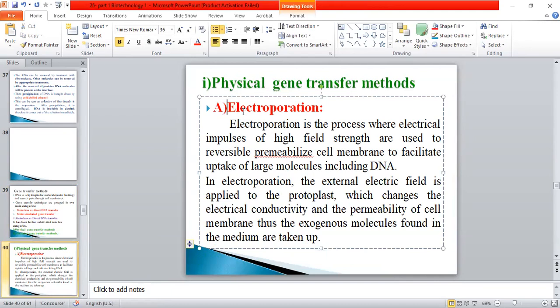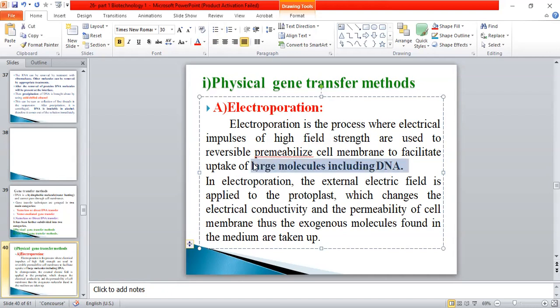Electro, so we use electricity. Poration is a small pore-making process. Electroporation is a process where electrical impulses of high field strength are used to reversibly permeabilize the cell membrane to facilitate uptake of large molecules including DNA. This is very, very important.